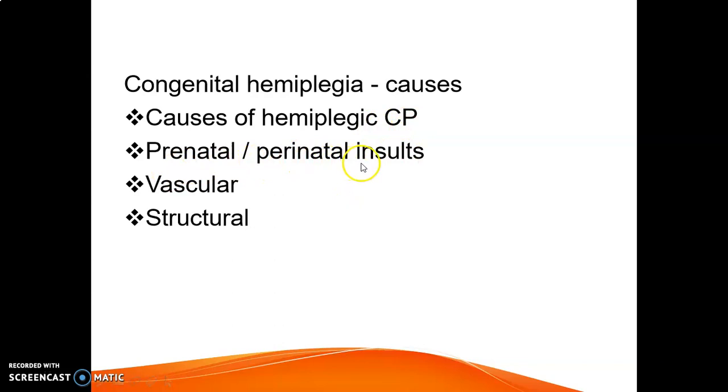Prenatal, that is before delivery, and perinatal insults mean any cardiovascular accidents or insults before or during delivery. Two types of injury may be there: vascular, leading to injury of the blood vessels, which may be the artery or the vein, and structural, which is anatomical injury, usually something like a tumor or any other kind of traumatic injury, which can also lead to such problems.